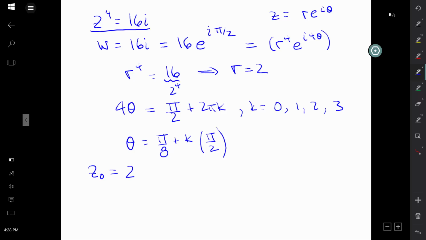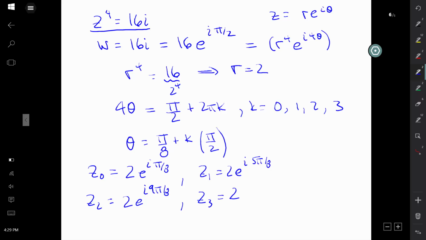I get z0 is 2e to the i pi over 8, z1 is 2e to the i, if I add pi over 2, that's going to get me to, let's see, pi over 2 is 4 pi over 8, so I get to 5 pi over 8. z2, I get 2e to the i, add another 4 pi over 8, that gets me to 9 pi over 8. z3, I add another 4 pi over 8, I get to e to the i 13 pi over 8.